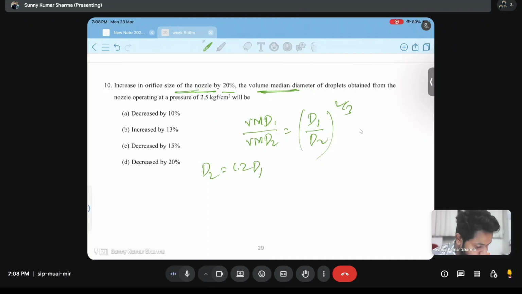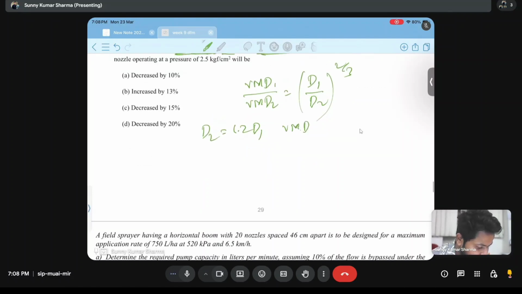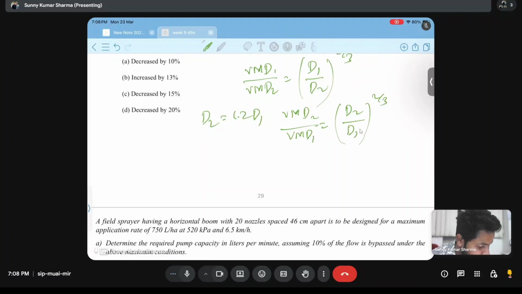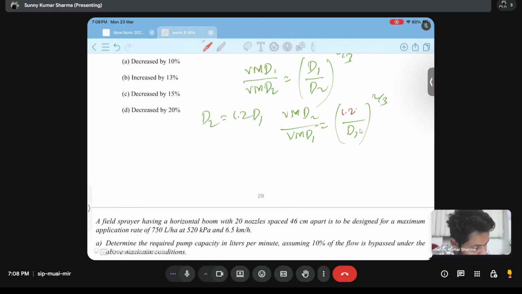Increasing the orifice size of the nozzle by 20% means the second diameter is 20% more, so D2 is 1.2 D1. You just invert this ratio, VMD2 by VMD1, and it will be the same, so the power will be 2 by 3. So VMD2 by VMD1 is D2 by D1, and D2 is 1.2 D1.